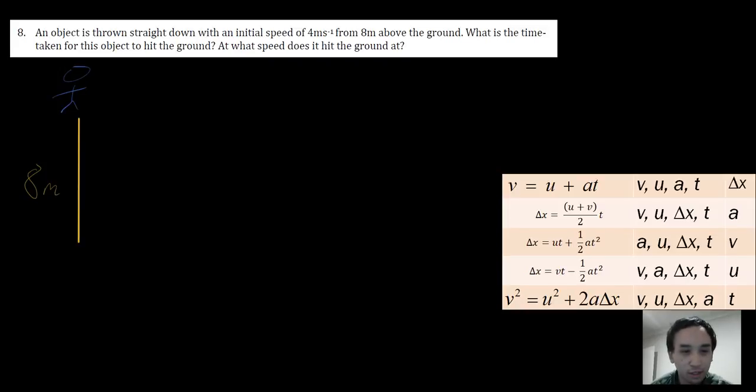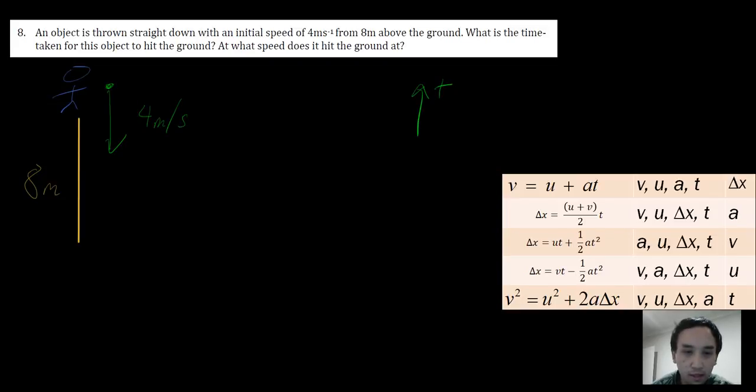So let's just illustrate that. So he's got this object over here. It's going down 4 meters per second. Now the thing is, we're going to treat our upward direction as positive. So what does this mean over here?